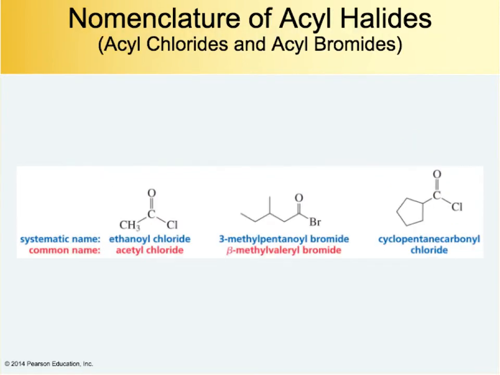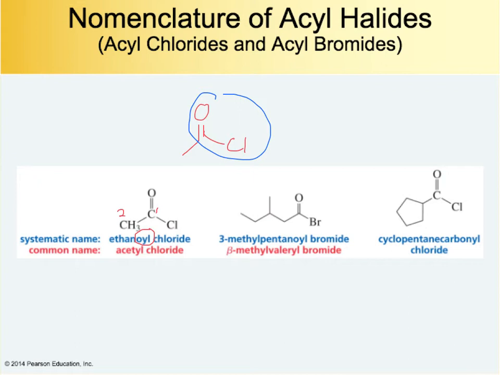Other carboxylic acid derivatives are the acid chlorides. This piece is considered the acid chloride piece. There are a couple of different ways to name these. There's the oyl ending, so ethanoyl chloride. Note the oyl piece here. There are 2 carbons, so ethanoyl chloride, or acetyl chloride is a common name.